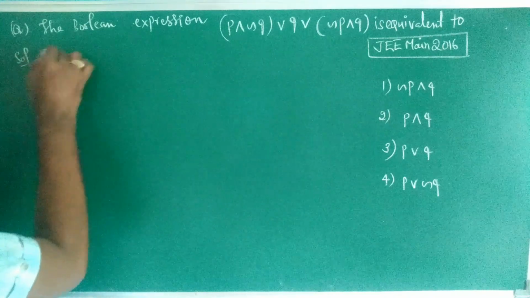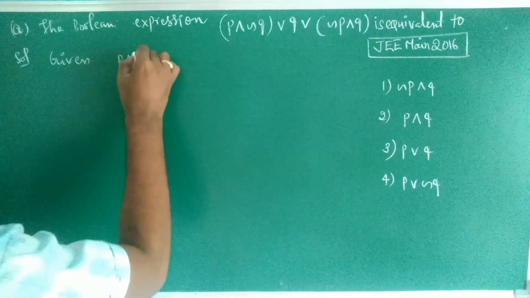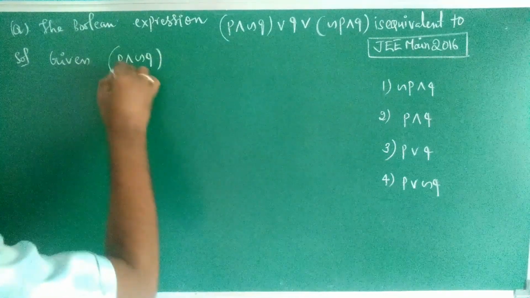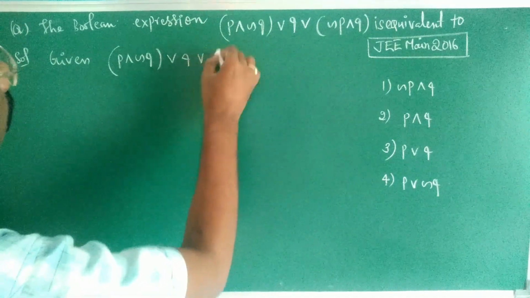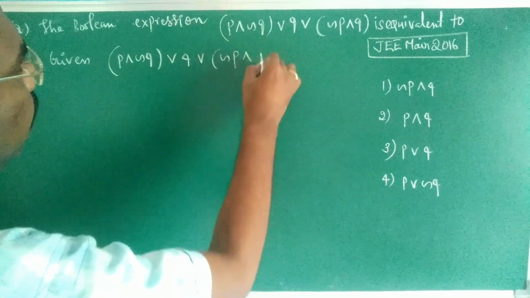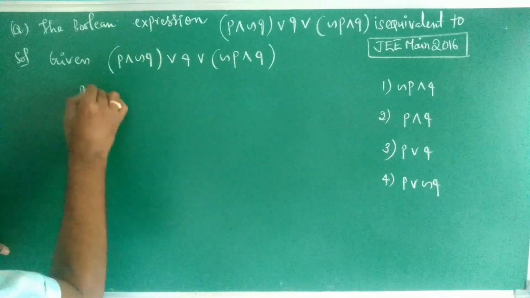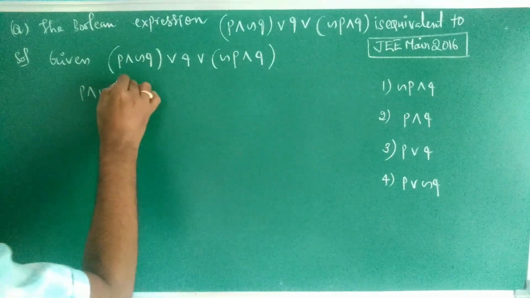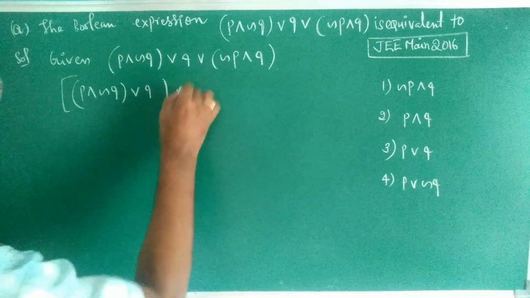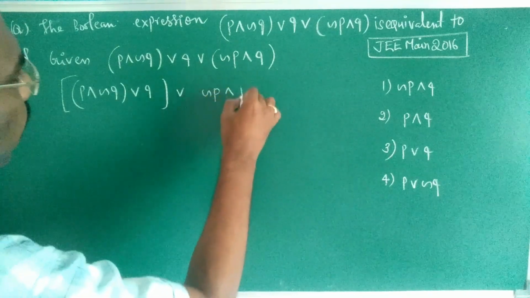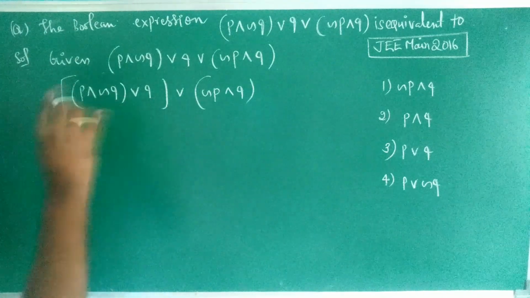Okay, now we are given the expression (P and negation Q) or (negation P and Q). Okay, now here this can be rewritten.